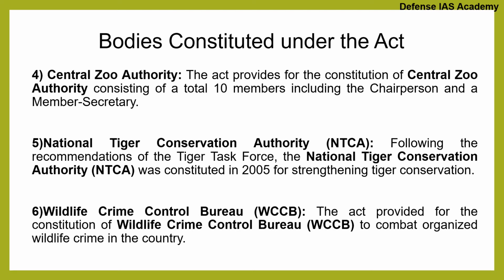The last body that comes under the Wildlife Protection Act is the Wildlife Crime Control Bureau. Now, what does this particular body do? The Act provides the constitution of the Wildlife Crime Control Bureau, WCCB, to combat organized wildlife crime in the country.